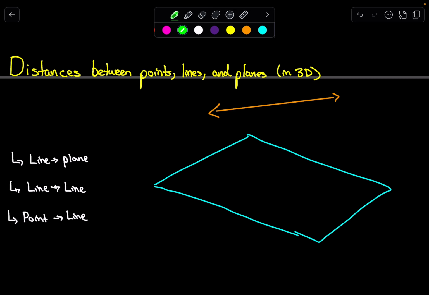Now, this problem's a little bit trickier in the sense that I can pick a bunch of points on this line, and they're all going to have various right angle distances to this plane, depending on where that point is that we pick. And so the question is, how do we make sure that we pick the correct one? How do we do this measurement?